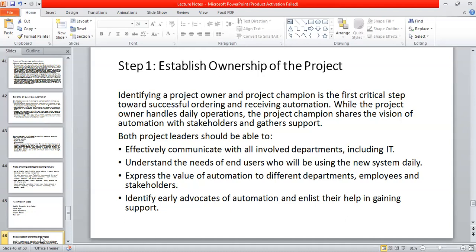So it is important for the IT department. It's central when we want to automate any process because the IT function will do most of the work.